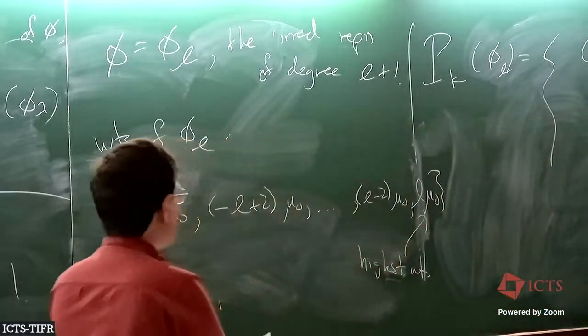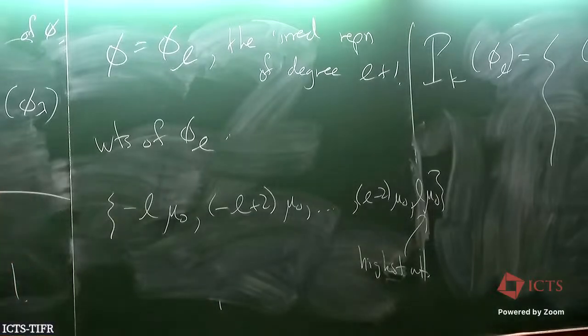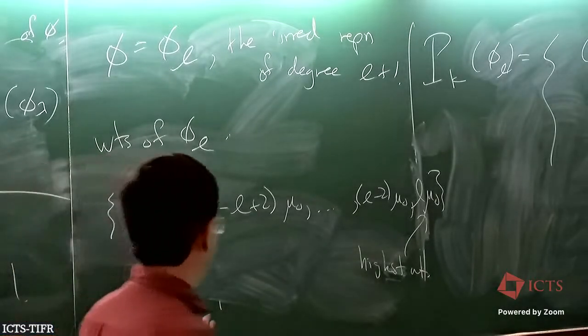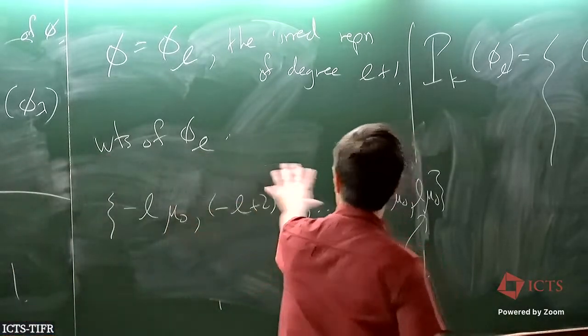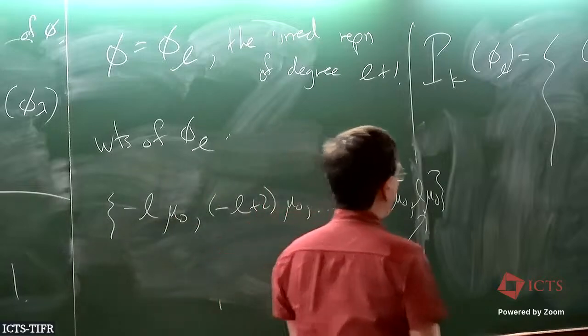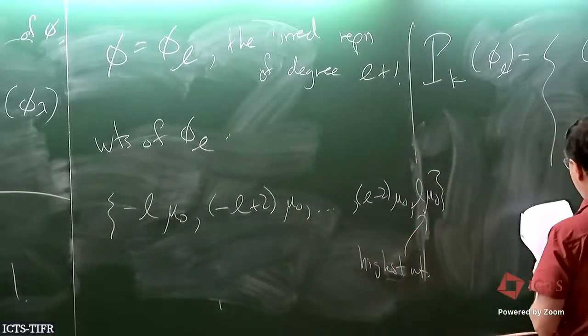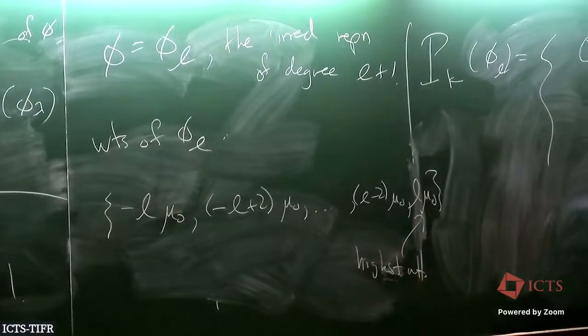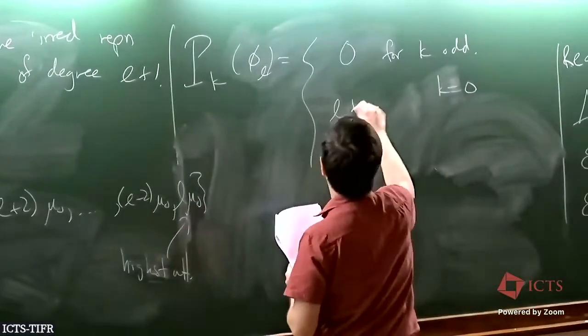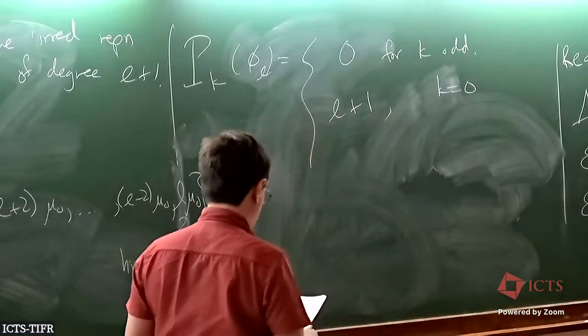For example, the sum of all these weights is 0. It's anti-symmetric. Let me do the case k equals 0 separately.